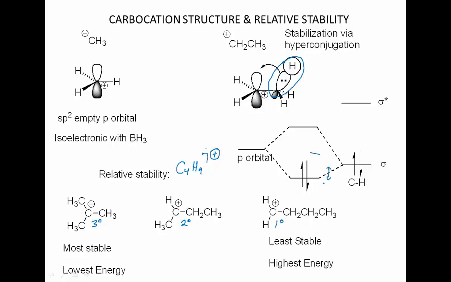The more alkyl groups we have, the more hyperconjugating interactions we can have. It's important to note also that in this structure here, only this CH bond right here is participating in hyperconjugation. These two are not involved in hyperconjugation.